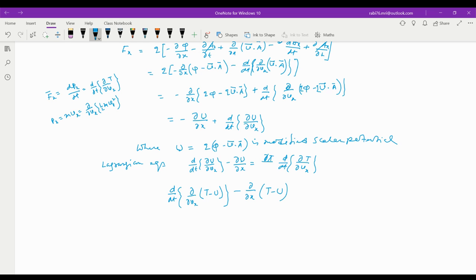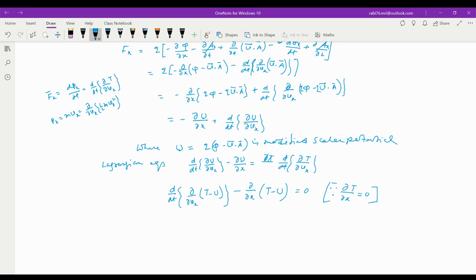There is a minus, so it will be plus, and I'm adding a term because this equals 0, since del T by del x equals 0. T is half m x dot square, it has no position coordinate. In the expression of kinetic energy, you will not find a position coordinate.